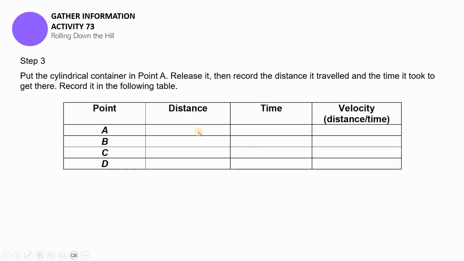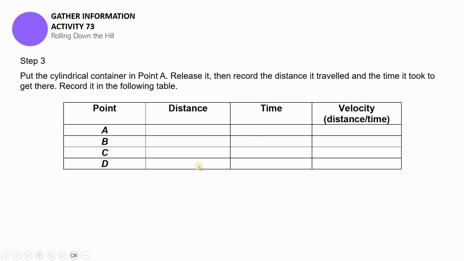So for point A, how much distance and time did you gather, and then solve for its velocity. You simply divide distance by time. Then put it at point B, record the distance and time, and compute for the velocity.